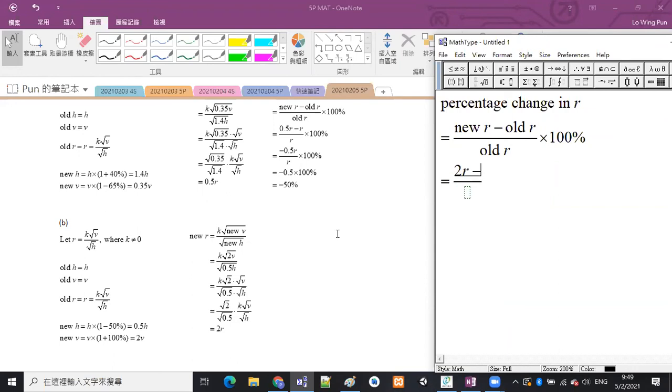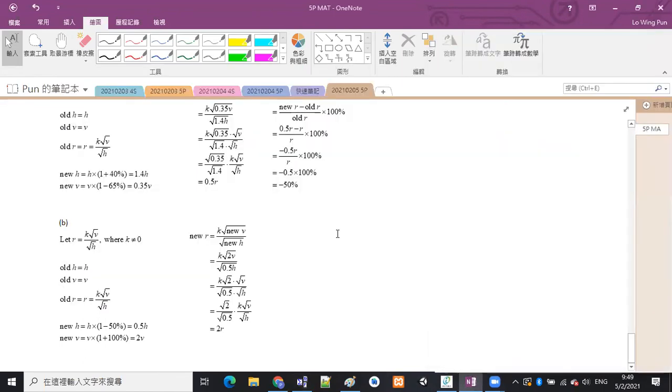Our old r is r. Okay? Divided by r times 100%. So 2r minus r is 1r, or just r, divided by r times 100%. So it's just 1 times 100%. And the answer is 100%. Okay? It is a positive 100%. So r is increased by 100%.